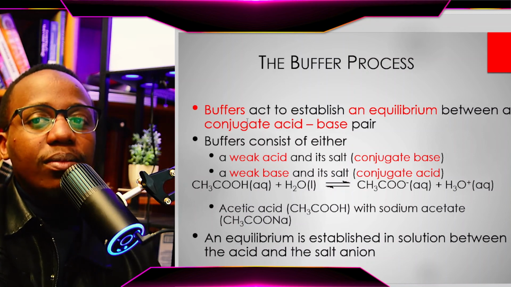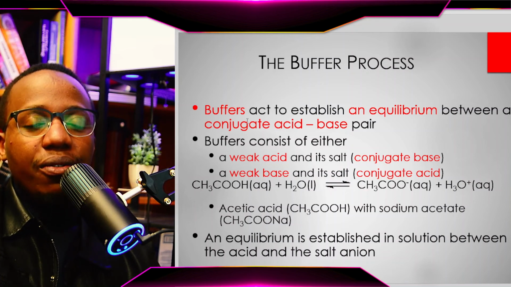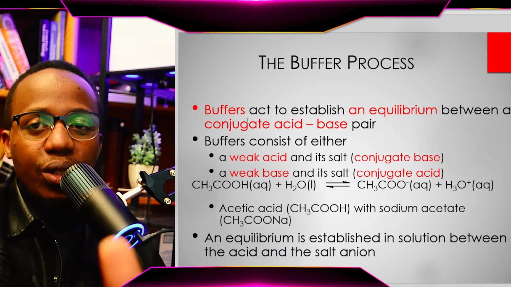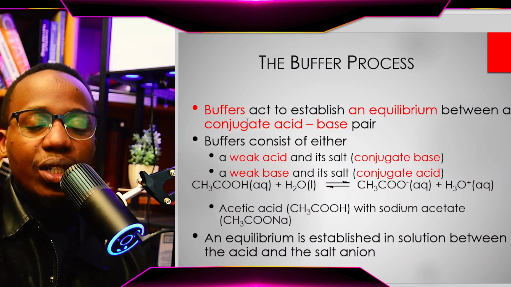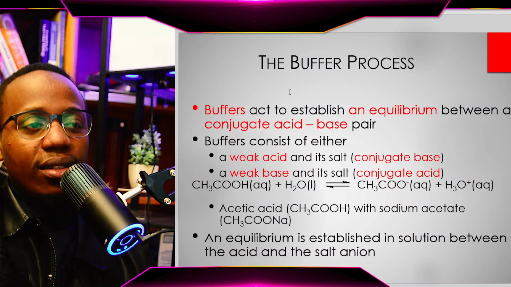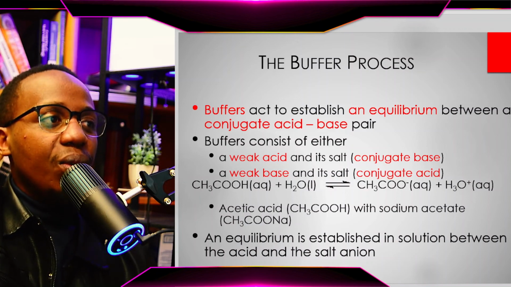But it's very important to know that buffers are made of either a weak acid and its conjugate or a weak base and its conjugate. So it has to be weak, it can't be strong. Weak acid and its conjugate or a weak base and its conjugate. Very, very important to remember. All right, so let me give you an example.